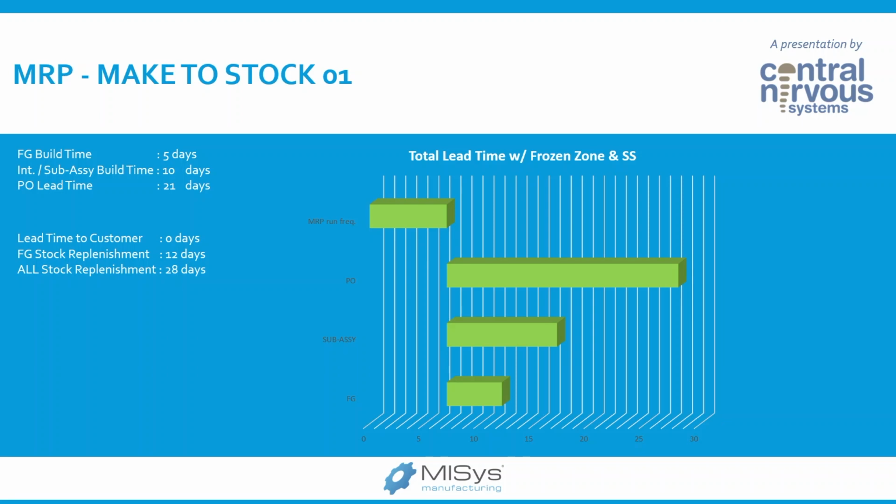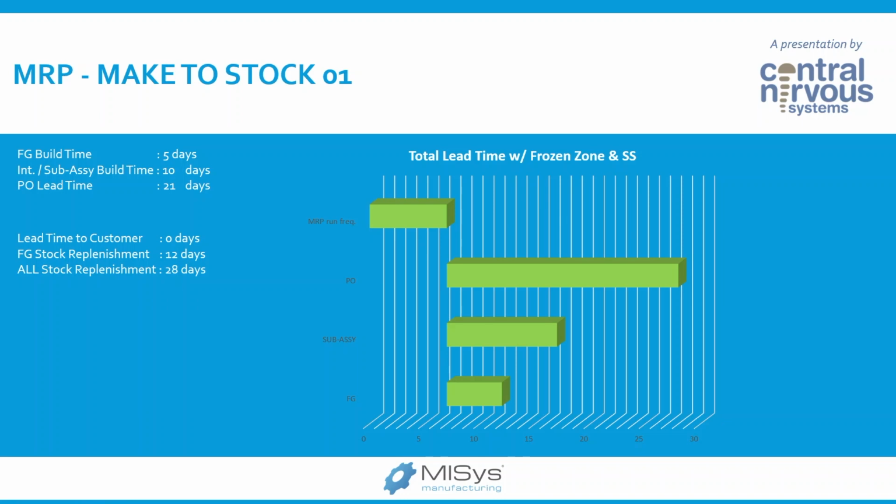However, then we run MRP, and in the worst case scenario, like I said, it's going to take 7 days if this order came just after I had run it the last time. So let's assume the worst case scenario here, 7 days, we wait to run MRP again. And once we run it, it's going to notice that our stock has fallen below where it needs to be, probably our minimum stock levels that we are trying to keep.